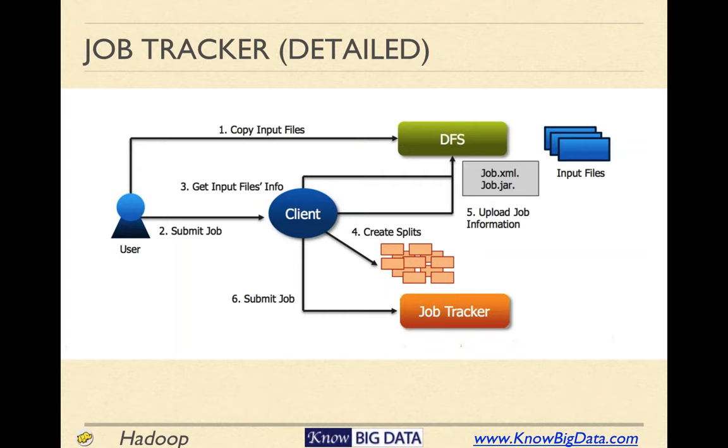So the first step for the user was to upload the data on the file system, and the second step was to submit the job referring to those files. Then the client driver, the command called Hadoop, will find out the information about the files, and will then submit the job to the job tracker.